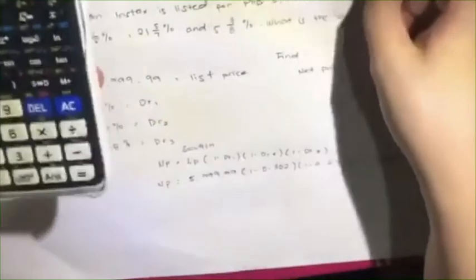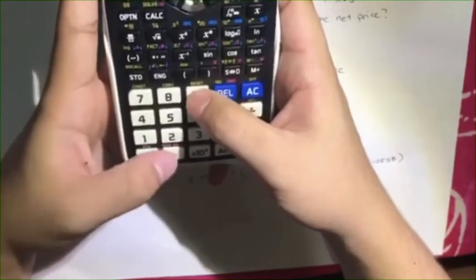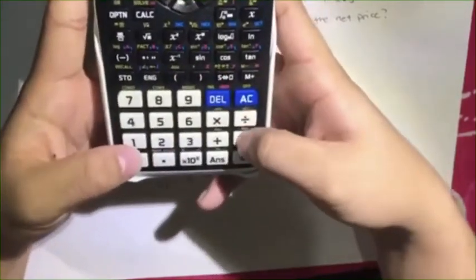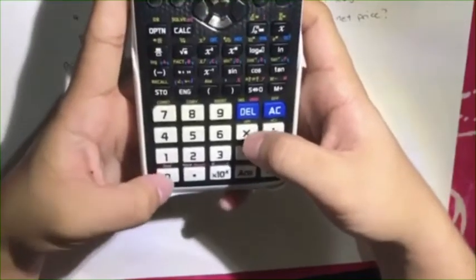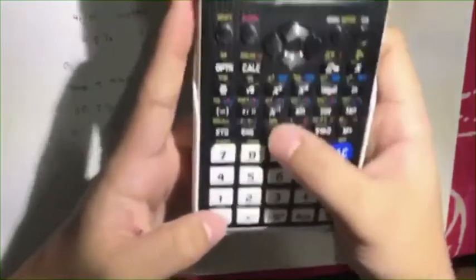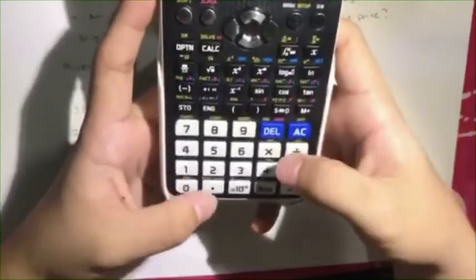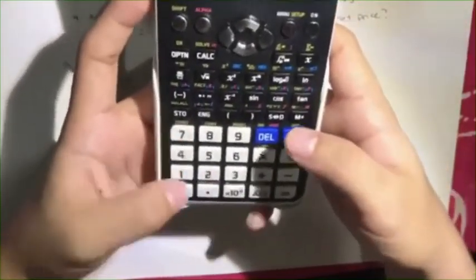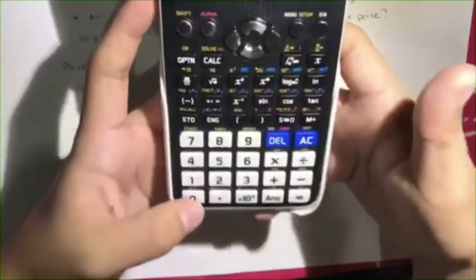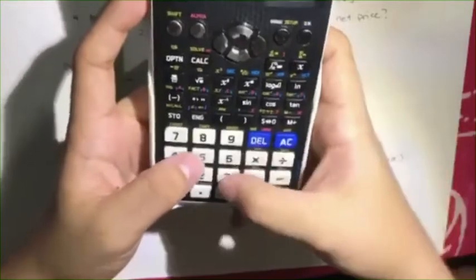Then lagay lang ulit natin siya sa calcu. So 5,999.99 times 1 minus 0.302 times 1 minus 0.2171 and 1 minus 0.0538.